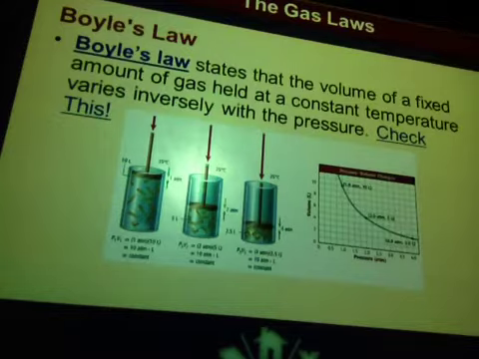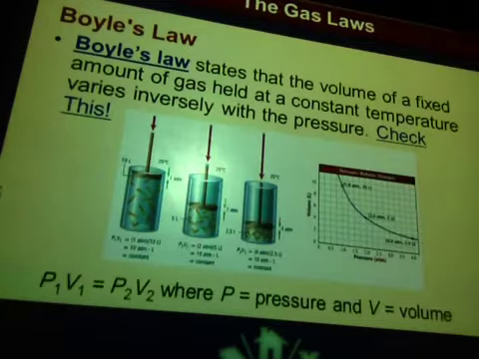Pressure would increase, because if something is inversely related, it simply means that opposite things are happening to one another. If volume is increasing, then pressure is decreasing. And Boyle's law, again, was P1 V1 equals P2 V2.